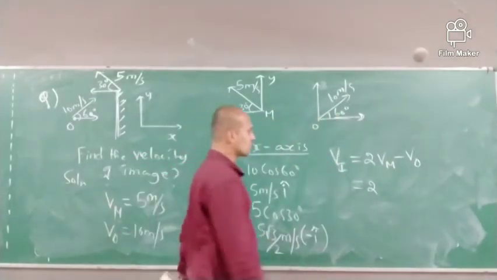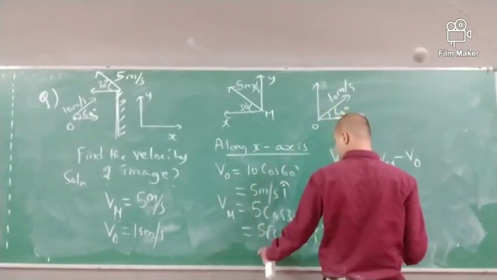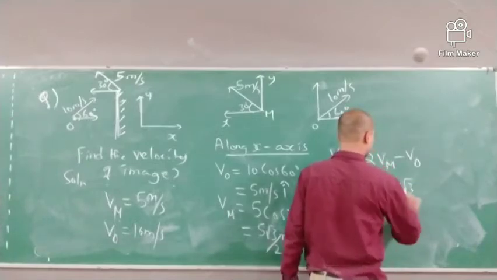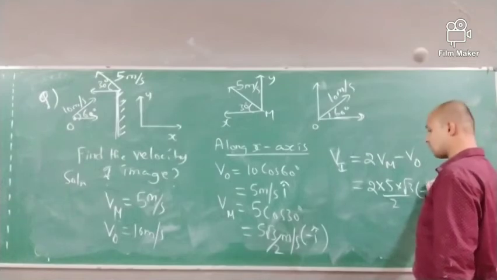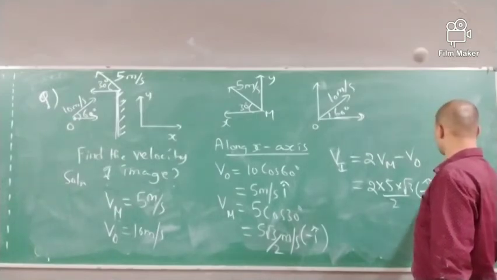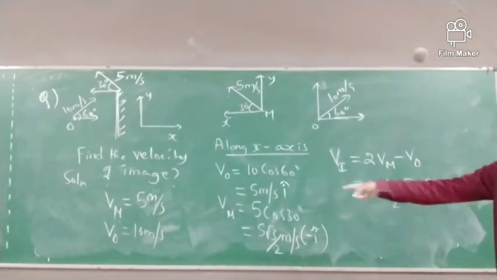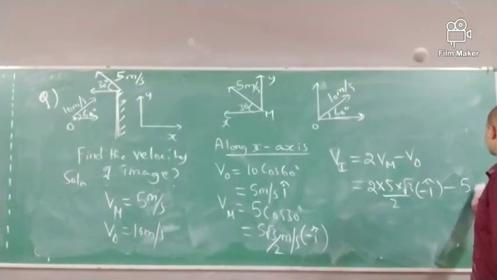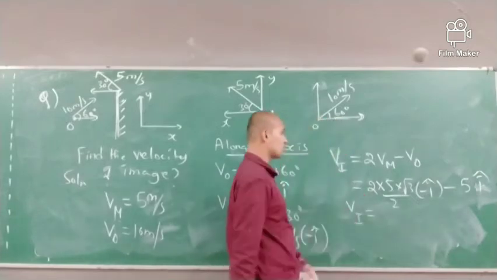So 2 into 5 root 3 by 2 along minus i cap, plus minus velocity of object, which is minus 5 i cap.